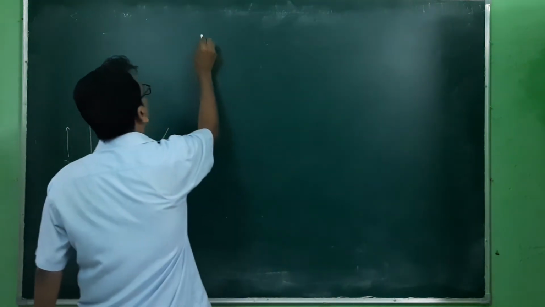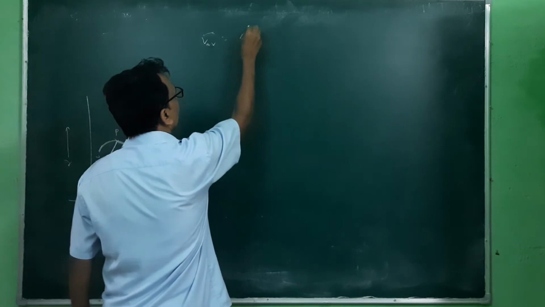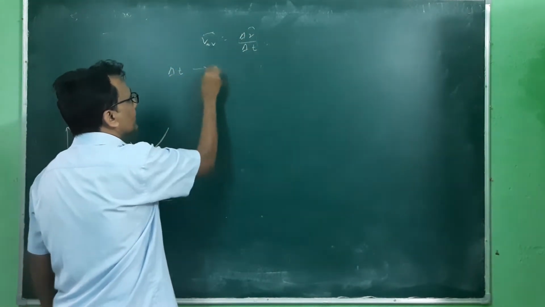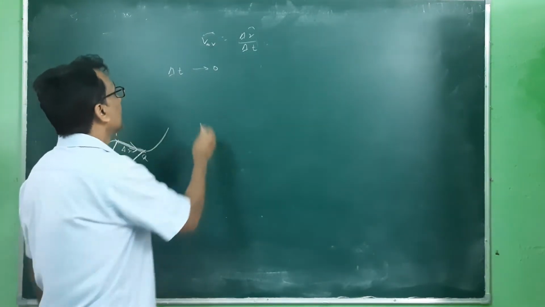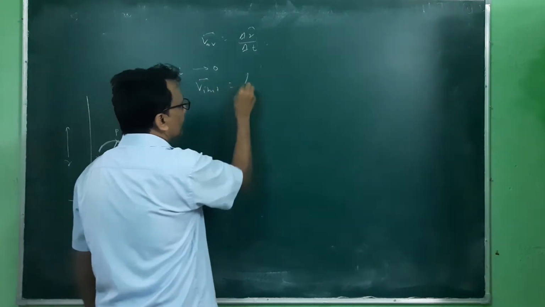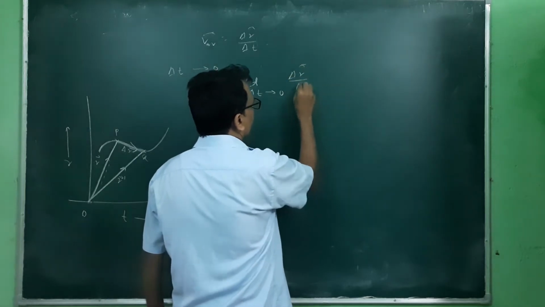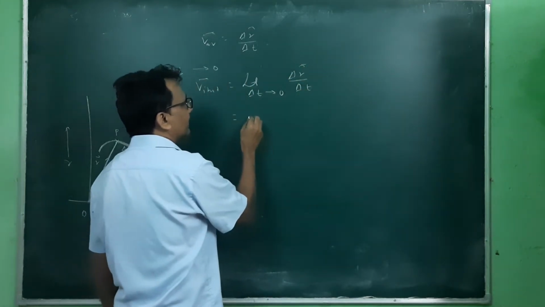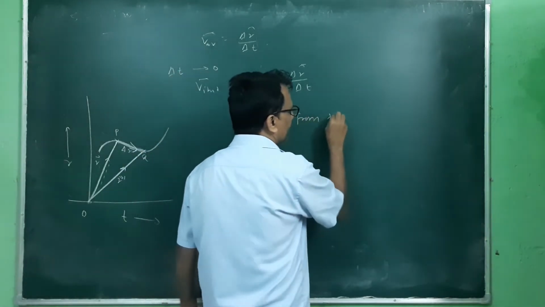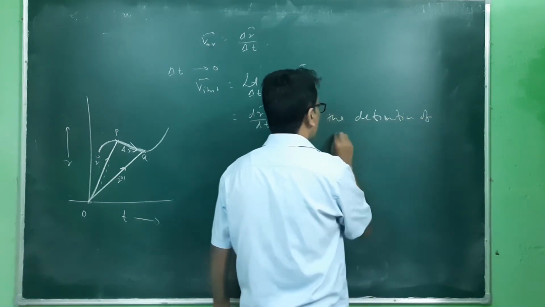the average velocity. We have V average equal to delta r by delta t, and when we take delta t tends to 0, then from the definition, V instantaneous is equal to limit delta t tends to 0 of delta r by delta t, and this is dr by dt from the definition of differentiation.